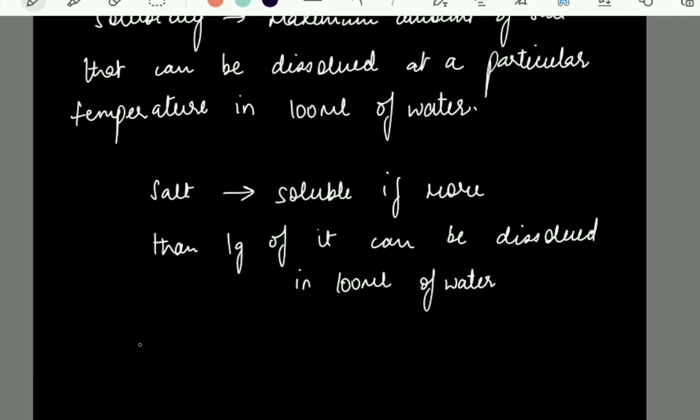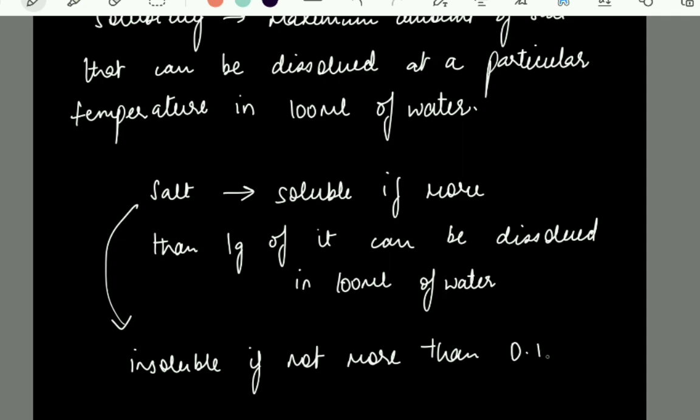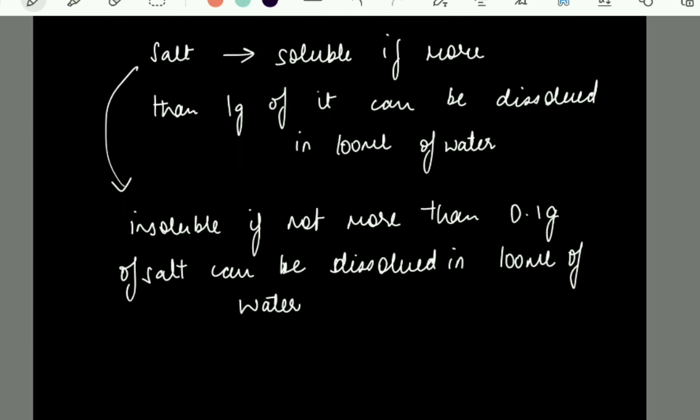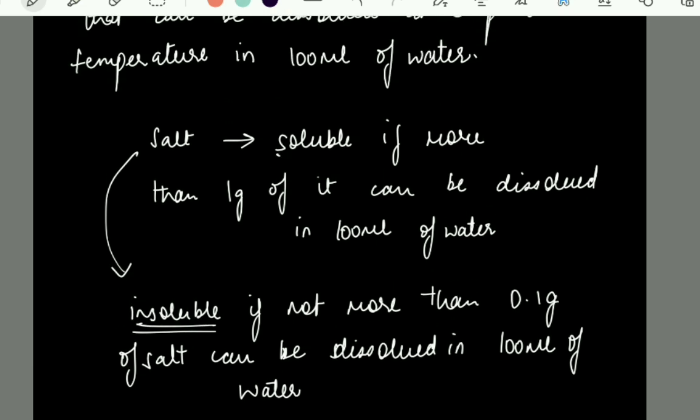Now if it is, let's say, insoluble, if not more than 0.1 gram of salt can be dissolved in the same 100 ml of water. Now this is insoluble, this is the soluble category.